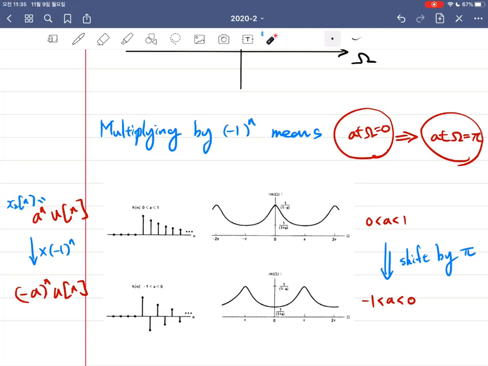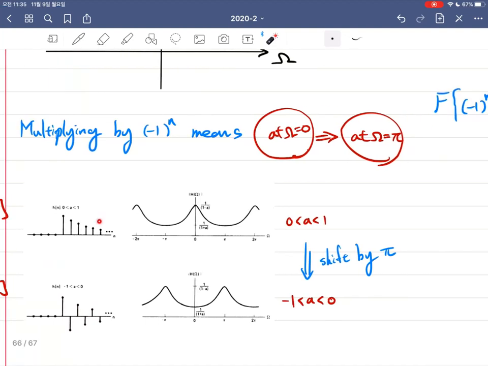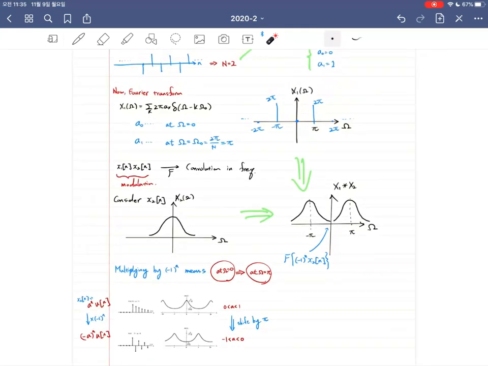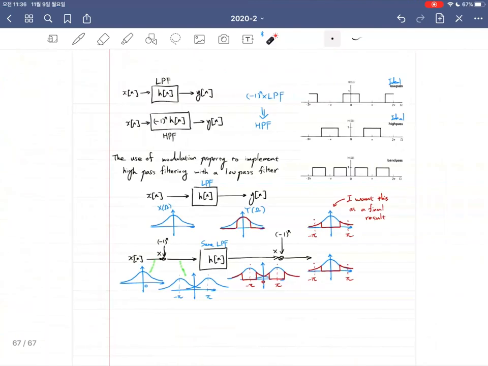However, this happens to shift the Fourier transform by pi, and pi means going from low frequency to high frequency, because in a discrete time signal, the Fourier transform gets repeated every 2 pi.